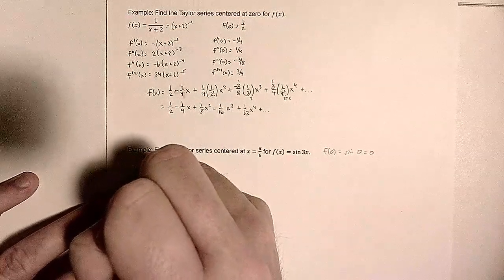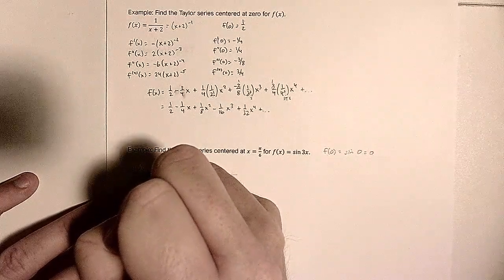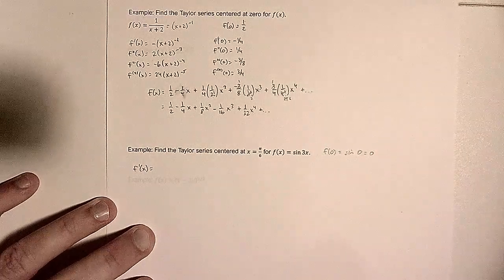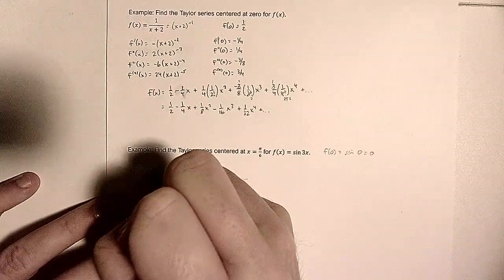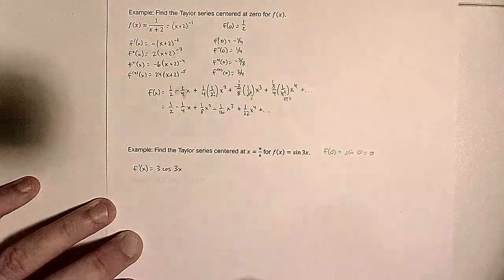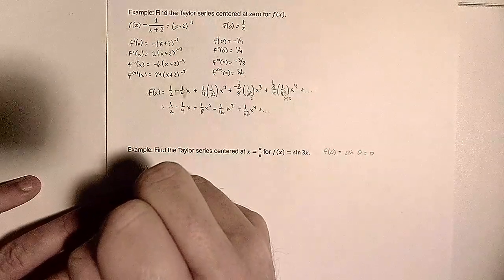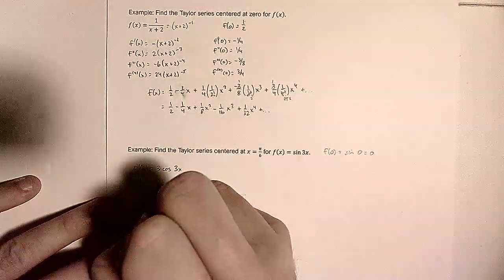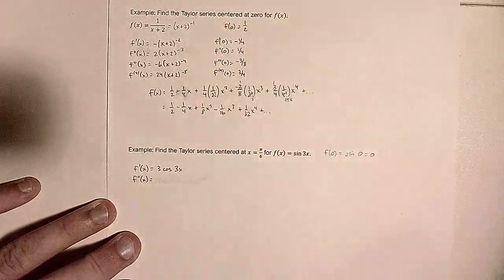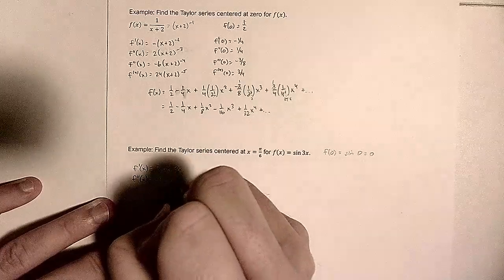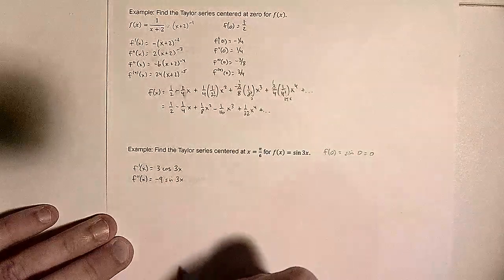I always start with the derivatives. That's sometimes the easiest part for me. So f prime of x is 3 cosine 3x by the chain rule. F double prime gives us another 3 coming out here. The derivative of cosine is negative sine, so we'll get negative 9 sine of 3x.